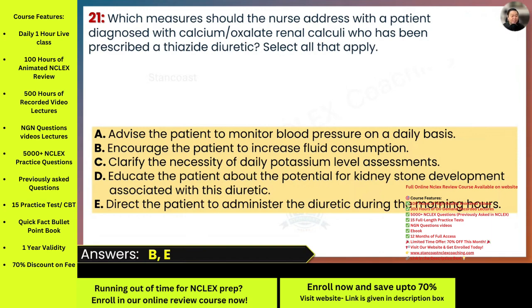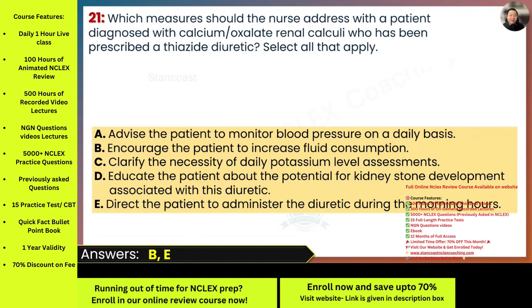Letter D is also incorrect. This is misleading. We know that thiazide diuretics are typically used to reduce the formation of kidney stones, particularly those caused by calcium. And they help prevent kidney stones by reducing calcium excretion in the urine.